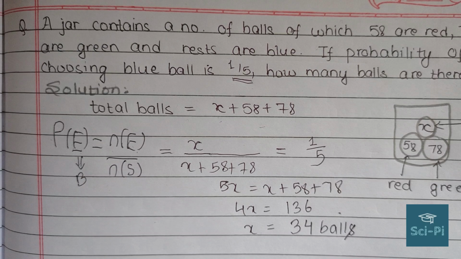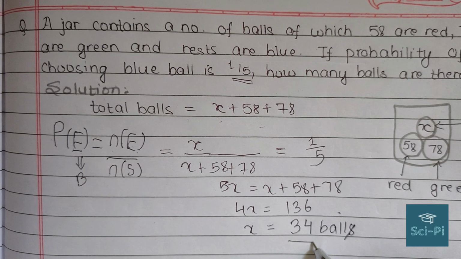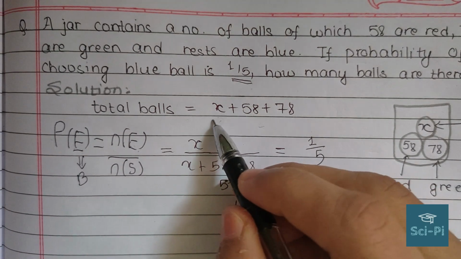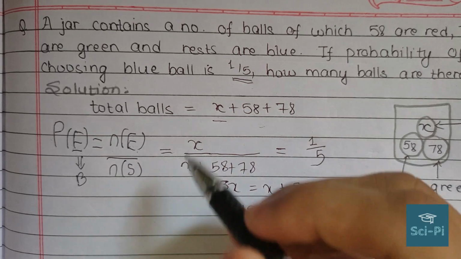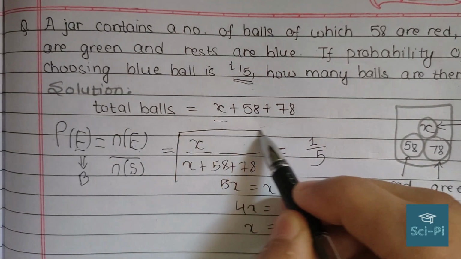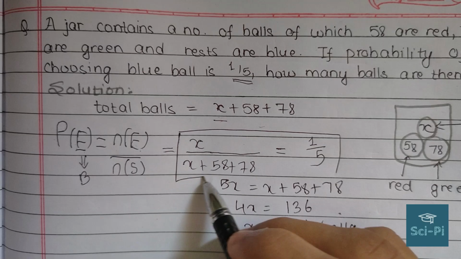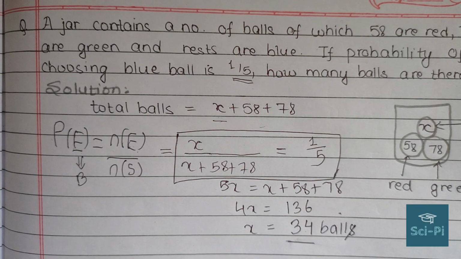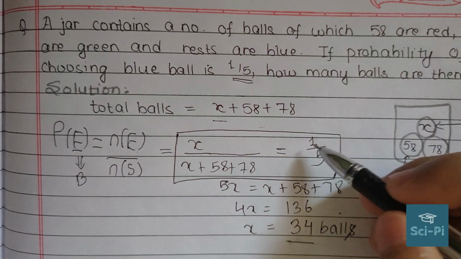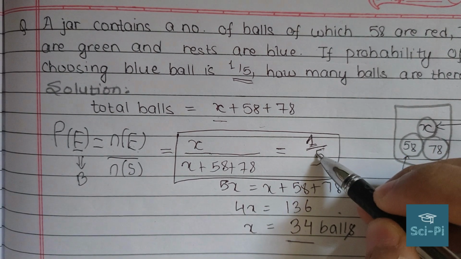Now we can actually find the total number of balls by plugging in this value of x equals 34 here. But there is another way of finding the total number of balls, from this particular ratio, or you could say the proportion or equality. Here we have been given 1 over 5.